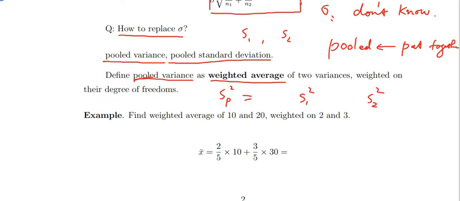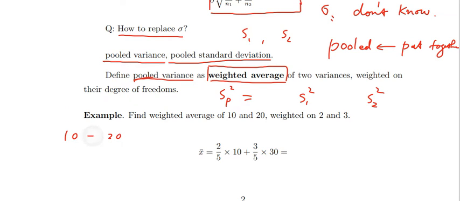So here we explain the weighted average. Before, when we talked about an average, we just added the numbers up and divided by 2, or by n. Let's say we have two numbers, 10 and 20. What is their average?